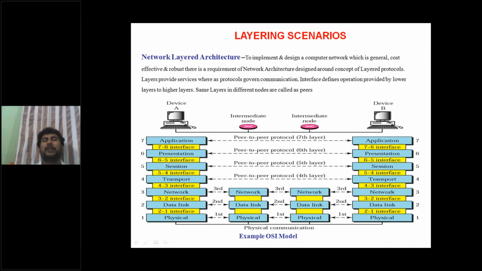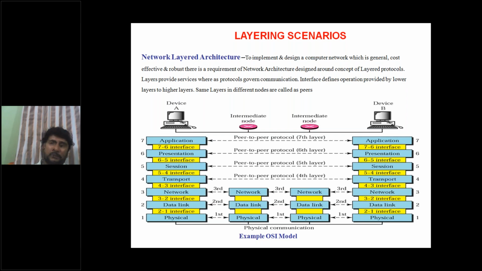So we started the discussion with what do you mean by data, the forms of data, then what do you mean by components of data, then we discussed data flow, then we moved from the data to the network. What do you mean by network? Then what are the types of links? Then we tried to understand how we evaluate the performance criteria of a network. Then we tried to understand the categorization of networks as LAN, MAN, WAN.